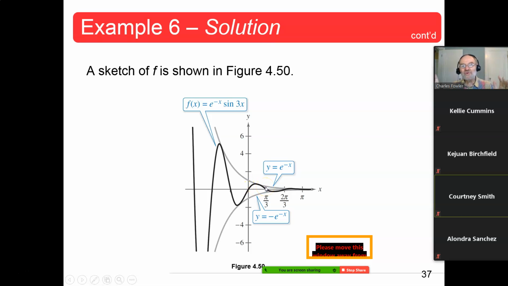Just use your damping function e to the minus x and minus e to the minus x as your variable amplitude. That's where they touch when you would have maxes and mins, and relative max and mins, and the zeros stay zeros. So they're really not that bad to graph. Any questions? Okay.